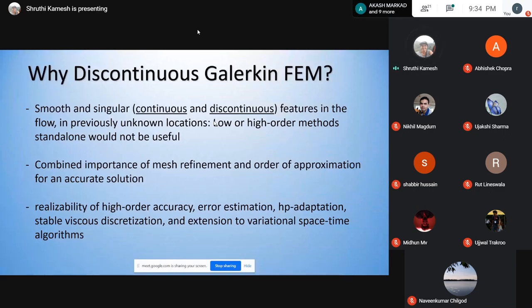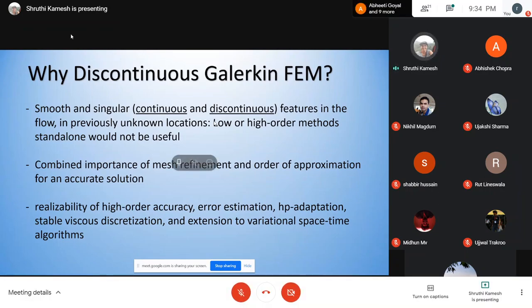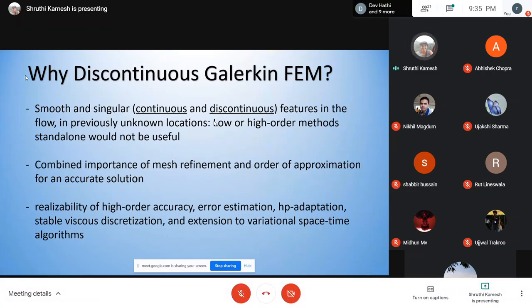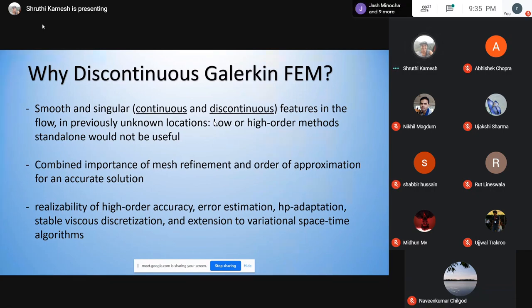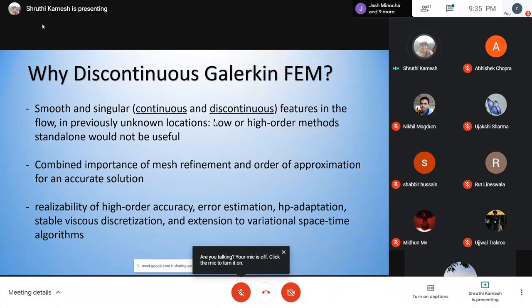Yeah. So now, why would you want something that is discontinuous Galerkin? Given problems which have discontinuities, like say an aircraft traveling near the speed of sound, you would definitely see a few shock waves everywhere, and those are discontinuities in the flow, which are rapid changes in flow properties, over which resolution is very, very difficult.